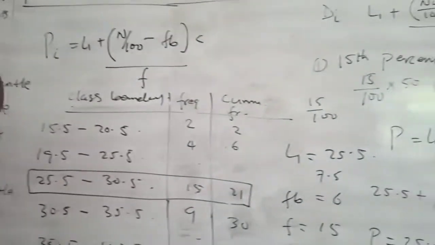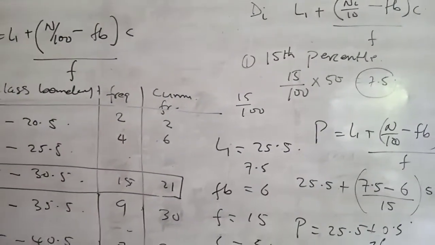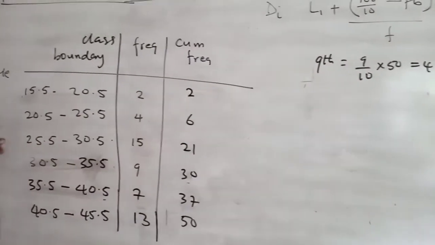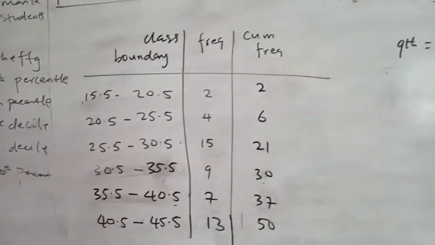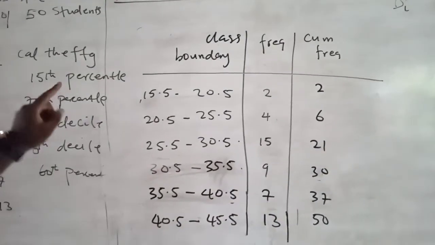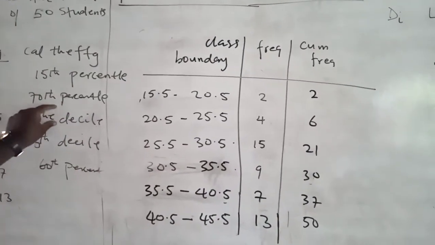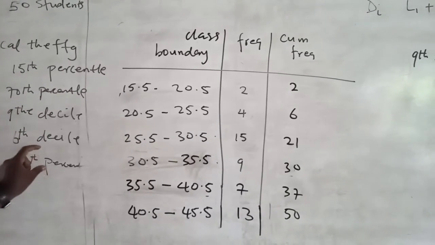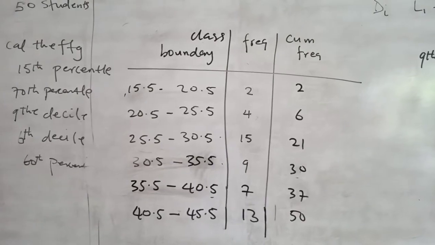Please endeavor to do it. So remember, we are still under this question, and like I said, the 70th percentile is an assignment. I want to solve the 9th decile, then the 6th decile and the 60th percentile is an assignment.